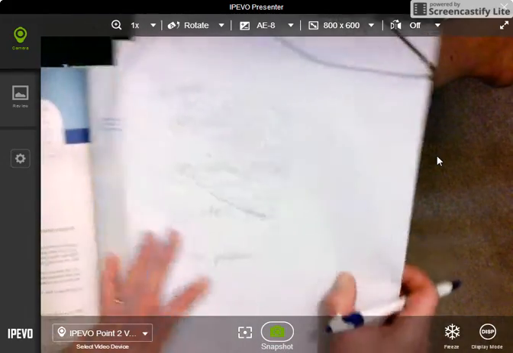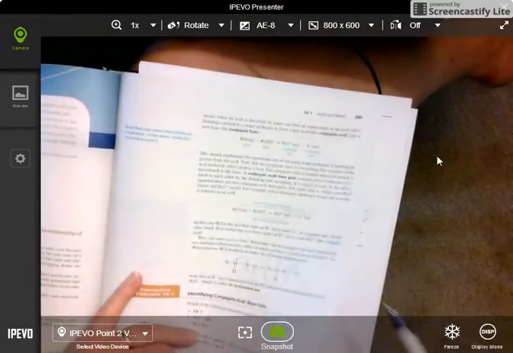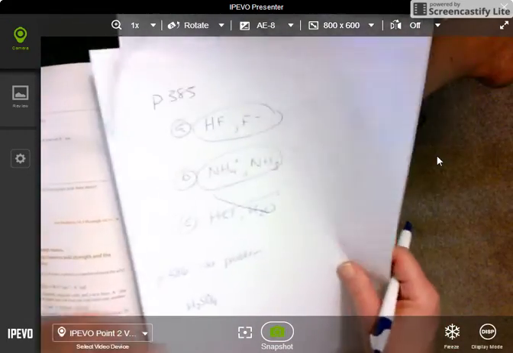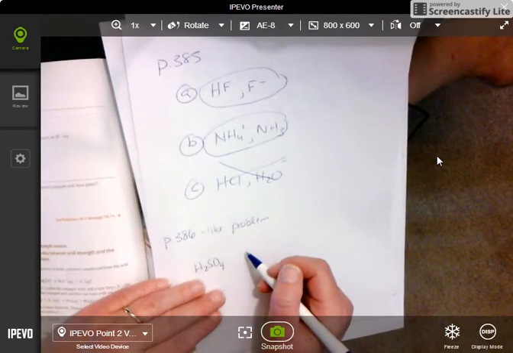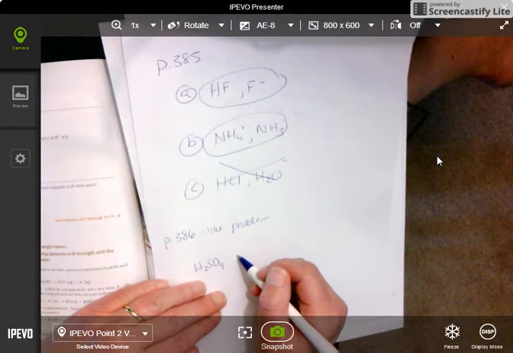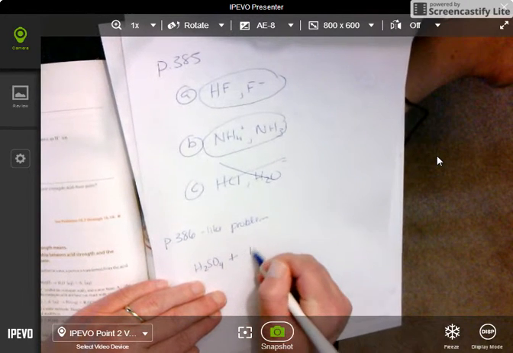On the next page, they actually did these problems, so I didn't want to do exactly the same thing. The question asks you to write the conjugate base. If you're starting with an acid and you're trying to find the conjugate base, add water to it.